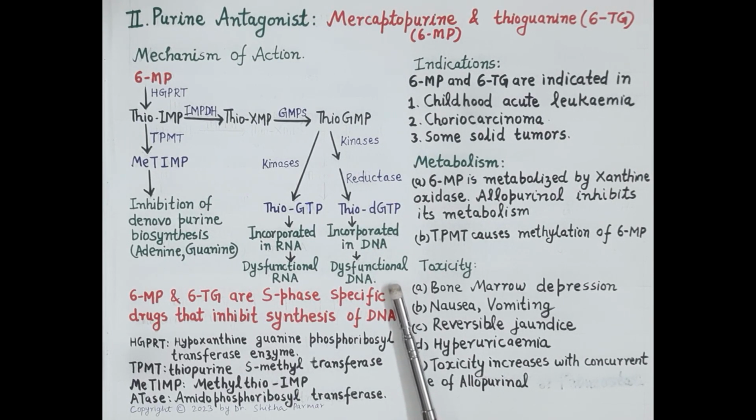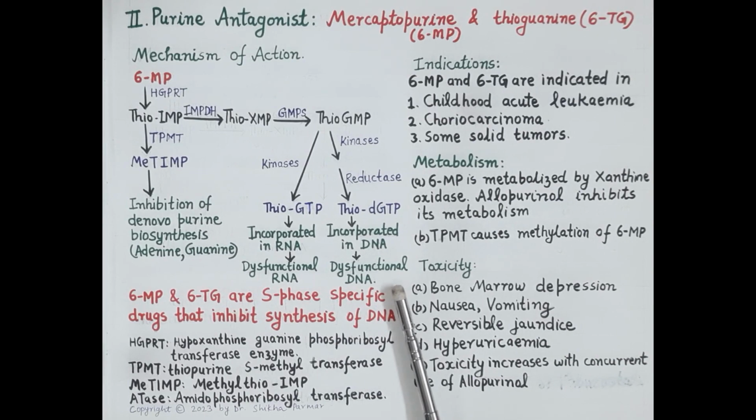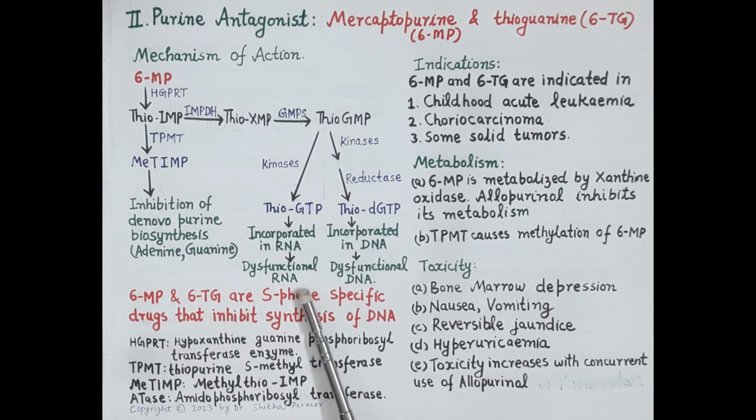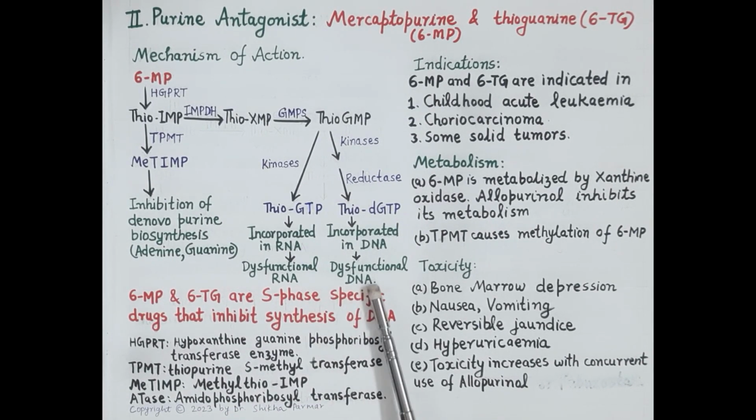So, 6-mercaptopurine and 6-thioguanine are S-phase specific drugs. They inhibit the synthesis of DNA, thereby they prevent the replication of DNA. On one hand, they inhibit the synthesis of adenine and guanine, and on the other side, they get incorporated in the RNA and DNA, resulting in the formation of dysfunctional RNA and dysfunctional DNA.